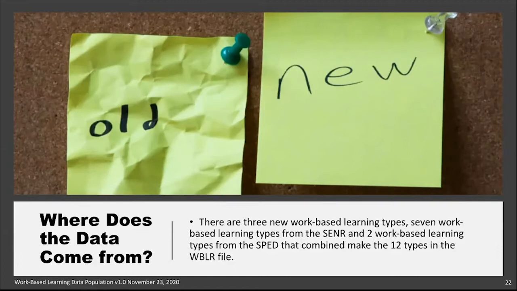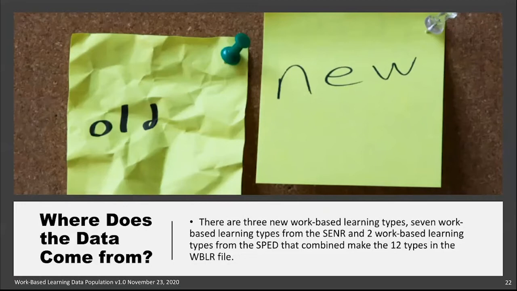To give you a little bit more background of the 12 work-based learning types, 2 were collected in the special ed or SPED file previously, and 3 were collected as indicators on the student enrollment or SCNR file.